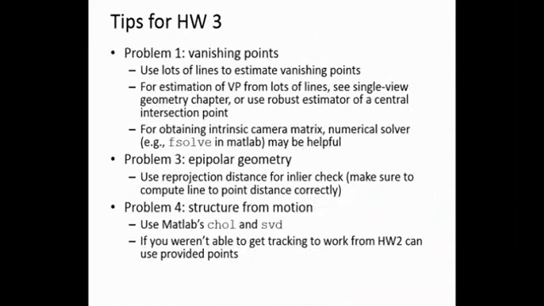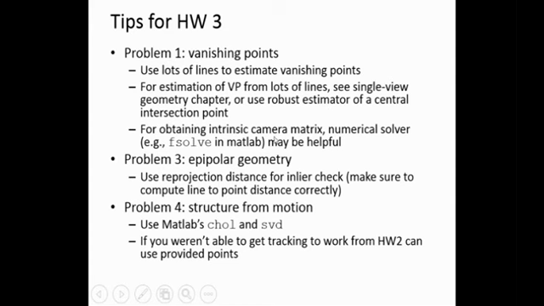Just a couple of tips for homework 3. For the vanishing point problem, it can be helpful to use a lot of lines to estimate the vanishing points so that you get a more stable estimate. There's a post on Piazza about this, but the single view geometry chapter explains how to do that. It's good to not take the mean.